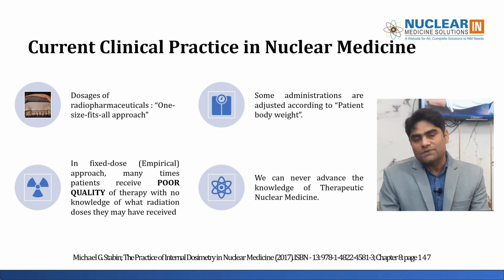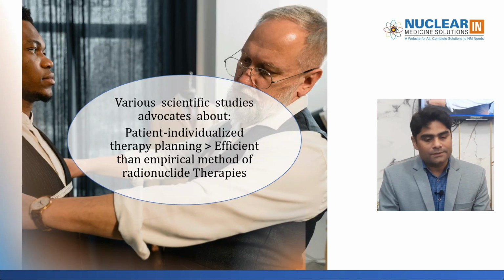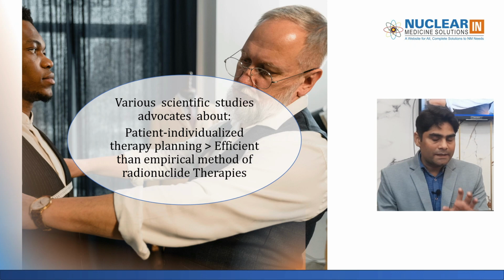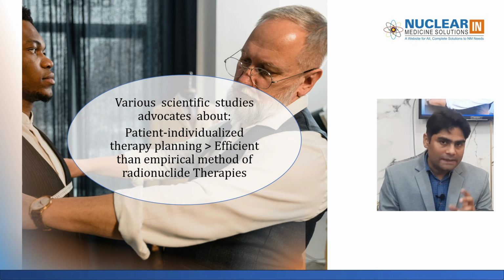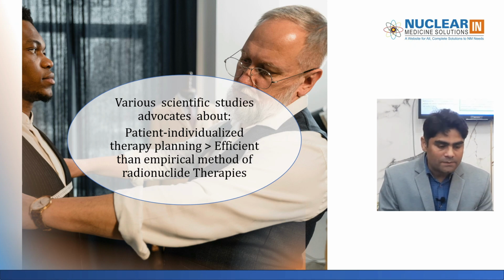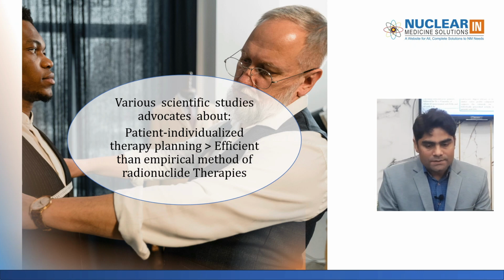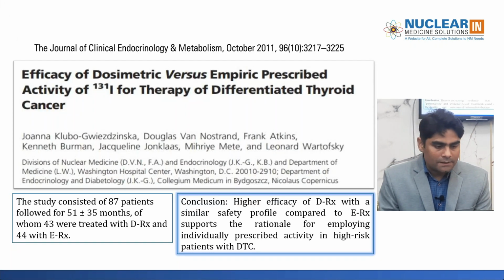There are a number of scientific studies which say that patient individualized therapy planning is more efficient than the empirical methods of radionuclide therapies, and let's have a look at some of them. This study says like this. There is another study.